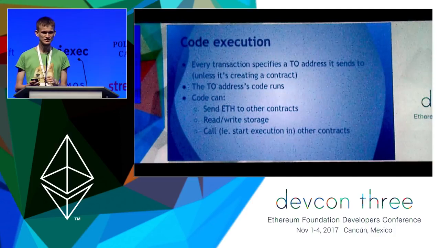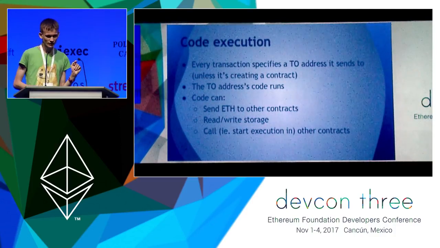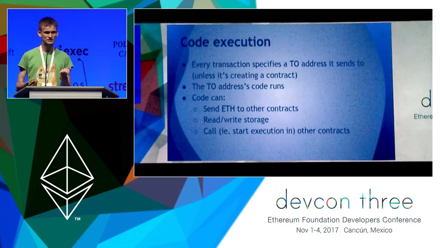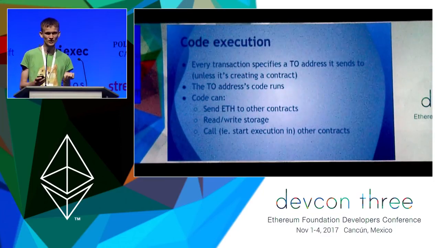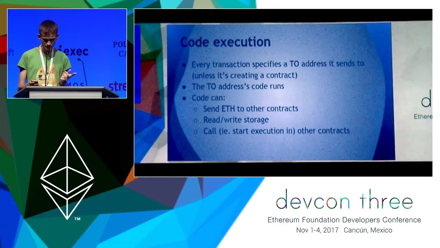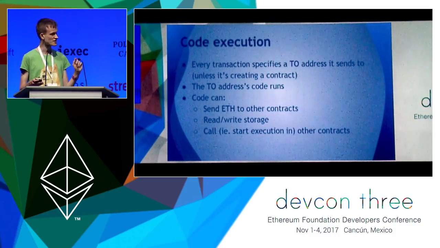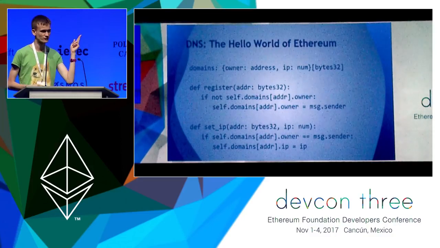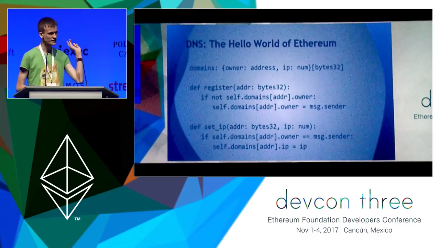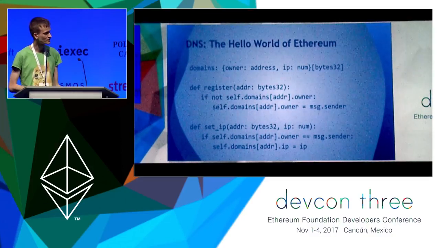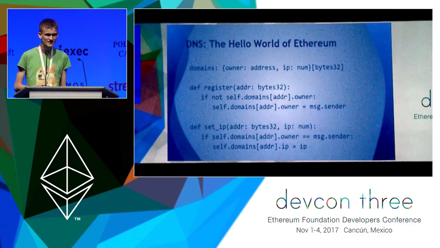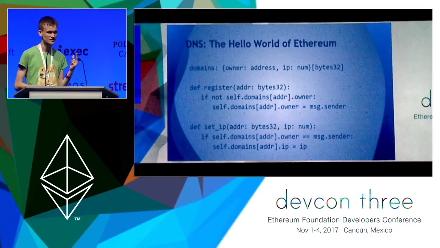And the code has the ability to do a bunch of things. It can send Ether to other contracts. It can read and write to a contract's own internal storage. If you look at this example, a call of the register function would be a transaction, and this transaction would lead to the owner of the domain being set, and that is writing to storage.